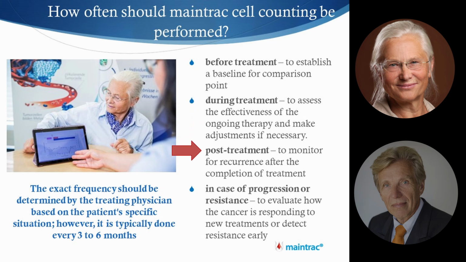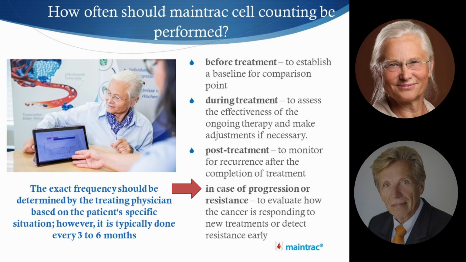After treatment, many patients are afraid of recurrence, and we can see early after the completion of the treatment that the cell numbers re-increase, and this would be a sign that possibly the treatment should be started again or a new treatment started.